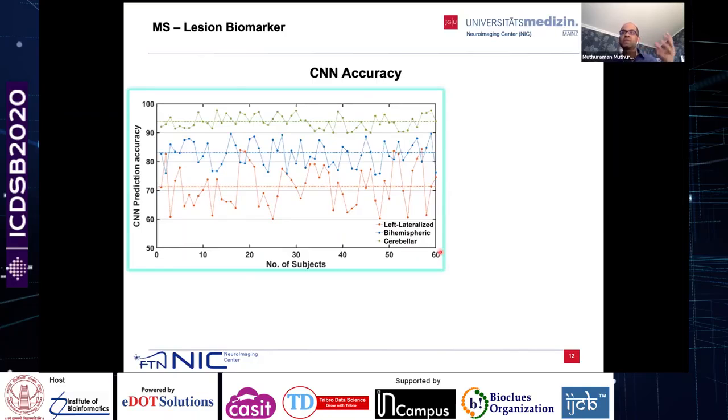So we used 50% of the subjects to build the model, and then used the other 50% to do the classification. And here, for example, again for the cerebellar pattern, we get an accuracy of about 95%. And this is then predicting how progressed they are in this disease stage.